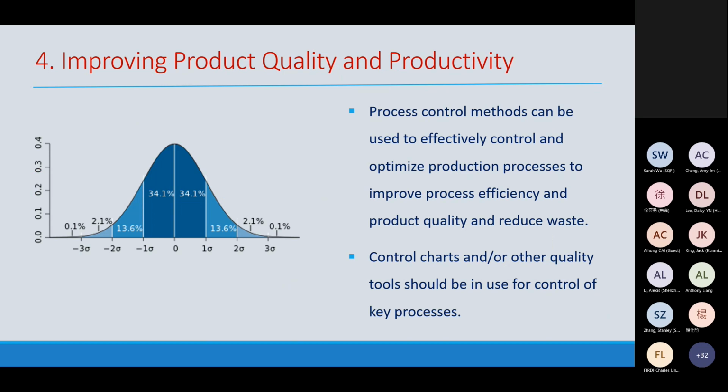The other major aspect that I touched on before in maintaining the 3 C's, conformance, consistency, and cost, is improving product quality and productivity. Process control methods can be effectively used to optimize production processes and improve process efficiency, and thereby improving product quality and reducing waste. Control charts and other quality tools should be in use for control of key processes.